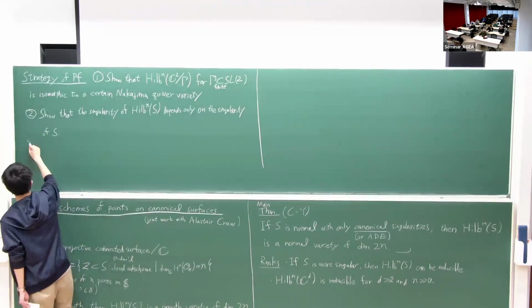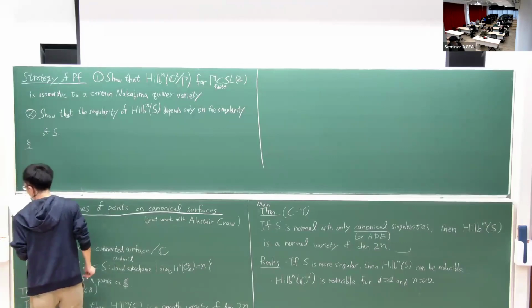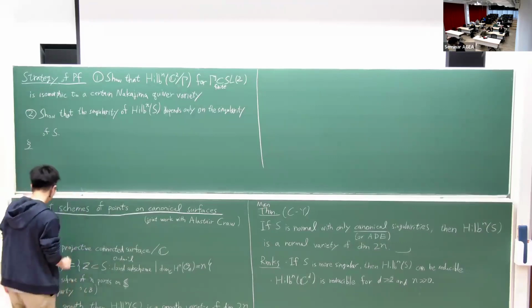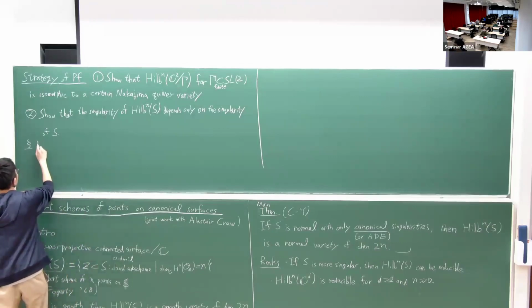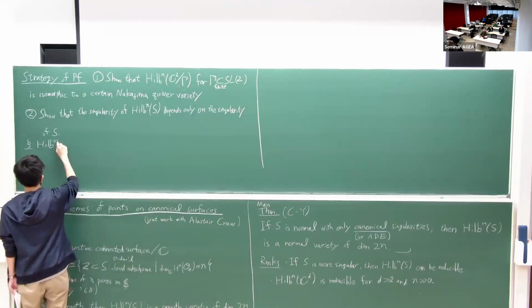So next, I want to give a description of the Hilbert scheme of points on the surface as a certain quiver moduli space.